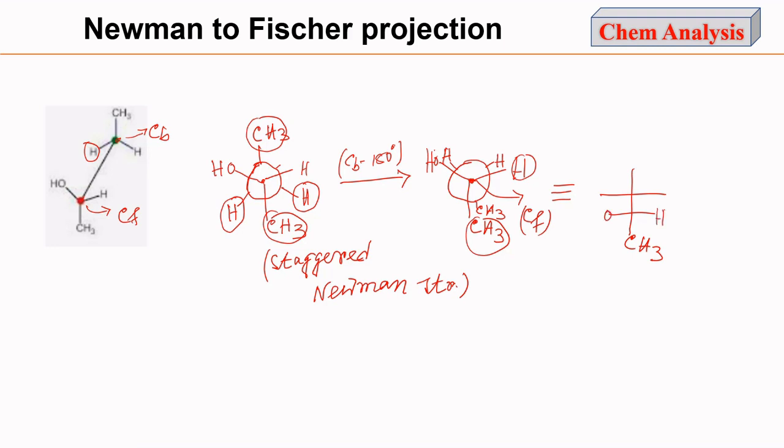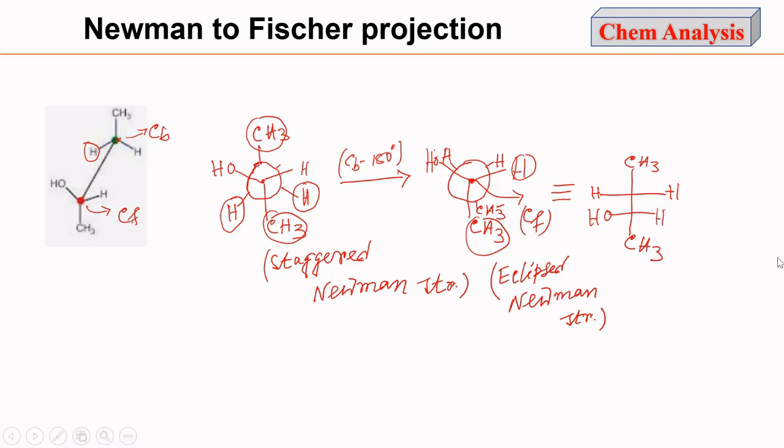On the left side there is a hydroxyl group on the front carbon, and on the back carbon we can see that the methyl group is above the plane, so it will be vertical top, and on the right side there is a hydrogen atom, on the left side there is also a hydrogen atom. So this is the Fischer projection formula corresponding to this Sawhorse projection formula, passing through a Newman projection formula. This is eclipsed. This structure is the eclipsed conformation of 2-hydroxybutane.